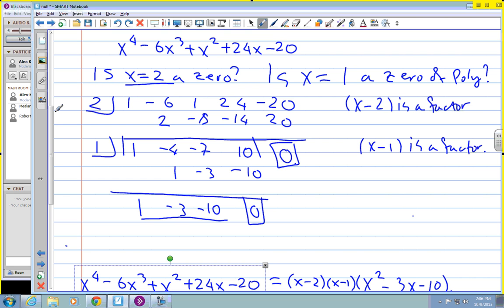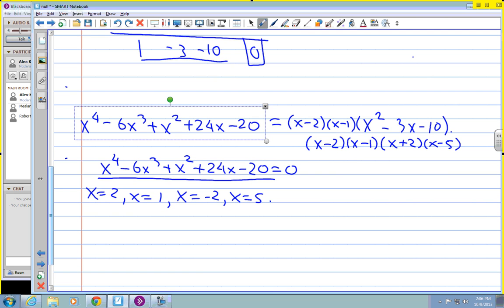But this allowed us to reduce our original problem, which was 4th degree, to a linear and a quadratic. Well, this quadratic happened to be factorable, but if it didn't, would that be a problem? No, we have a quadratic formula to solve those quadratics, right?